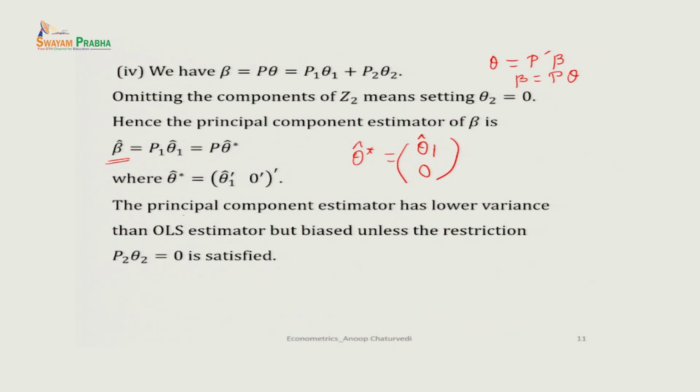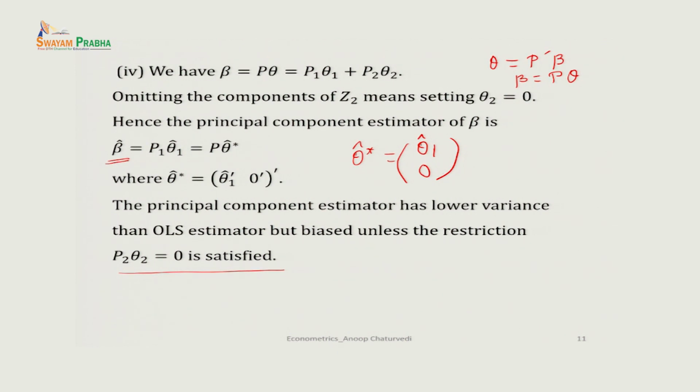This principal component estimator has lower variance than the OLS estimator, but it is biased unless the restriction P2 theta 2 equal to 0 is satisfied. So, again I repeat the steps of the principal component estimator.